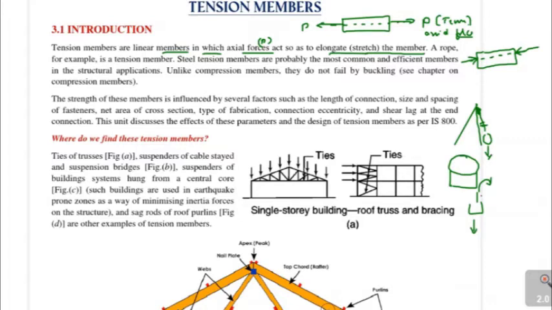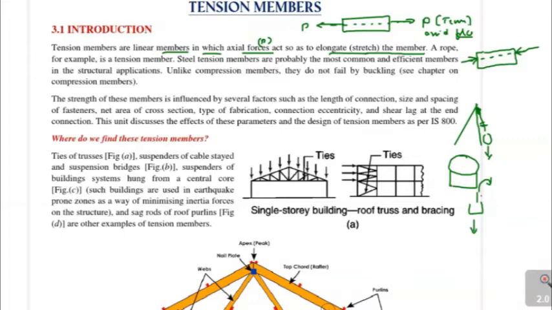There is a major difference between the tension member and the compression member. The major difference is the state of the member before it fails.